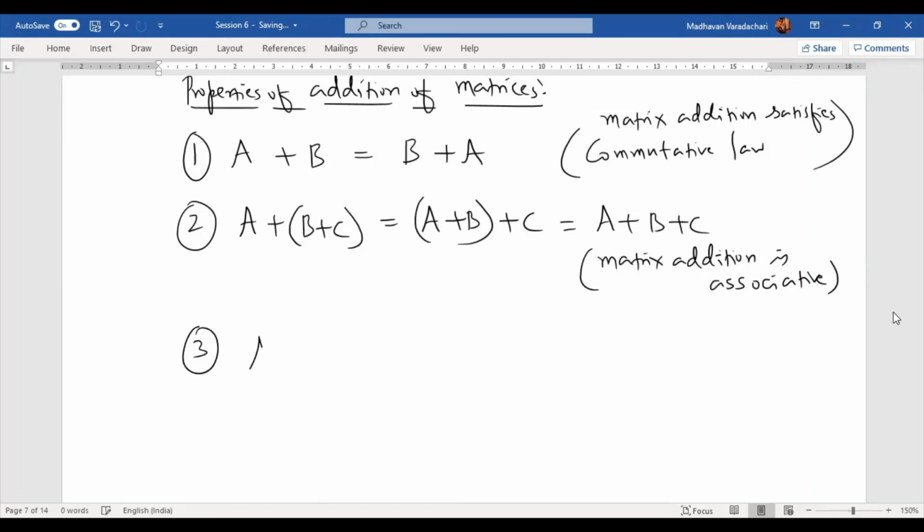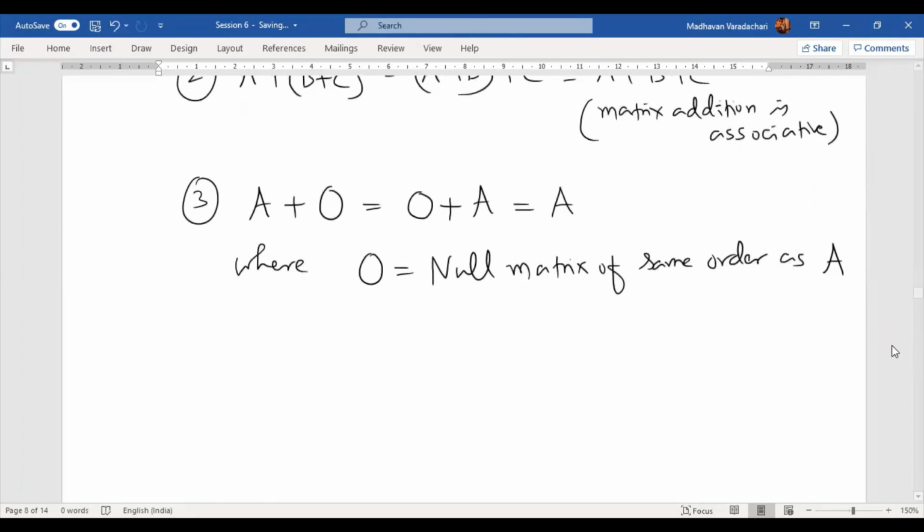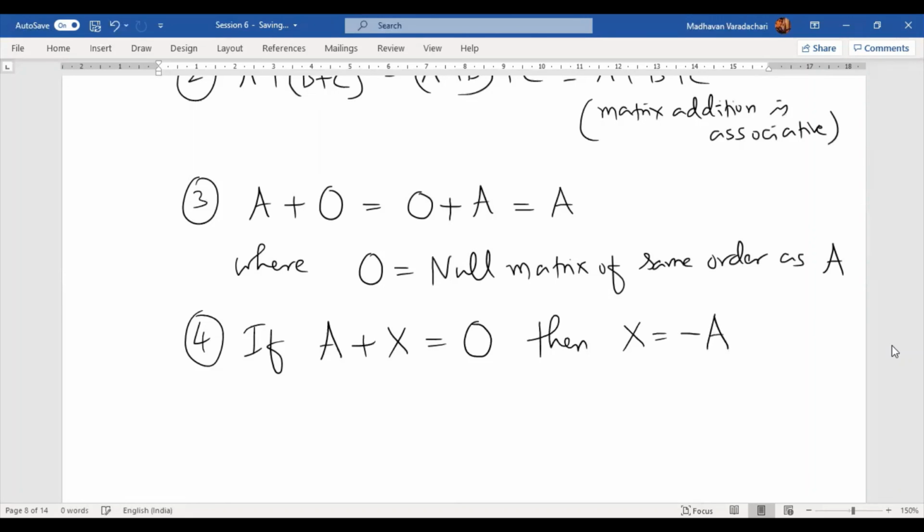Third, A plus O is the same as O plus A, which is the same as A, where O is a null matrix of the same order as A. Suppose A plus some matrix X is equal to O, then X should be negative A. Adding matrix A with an unknown matrix and getting a null matrix means X should be the opposite sign of A.